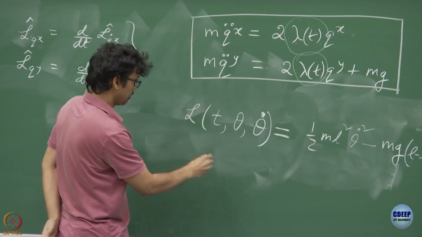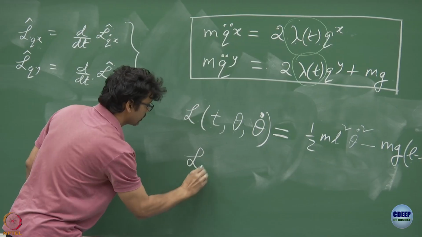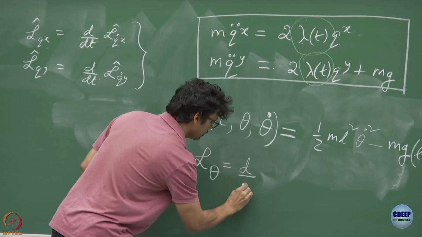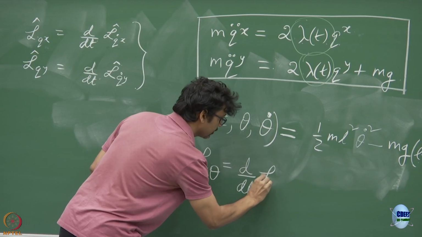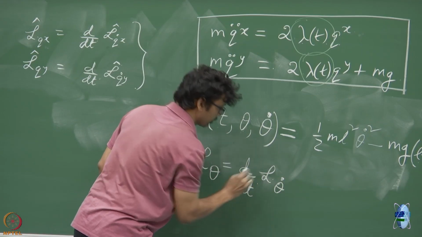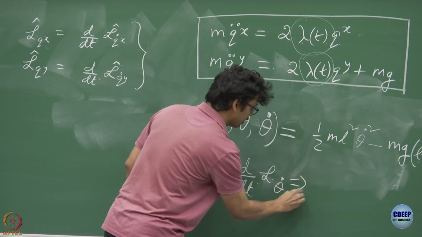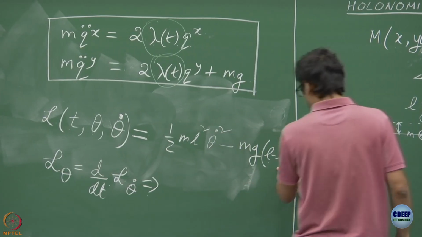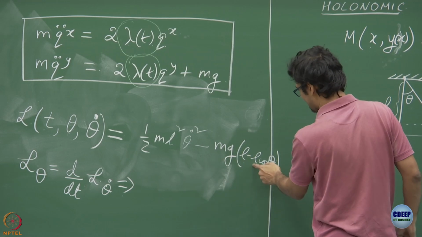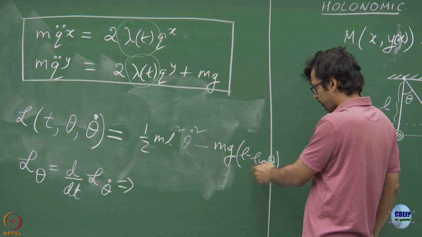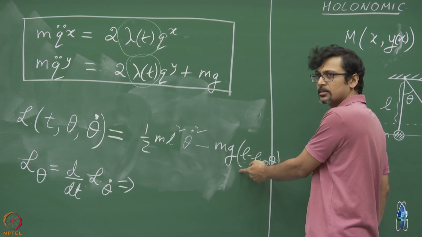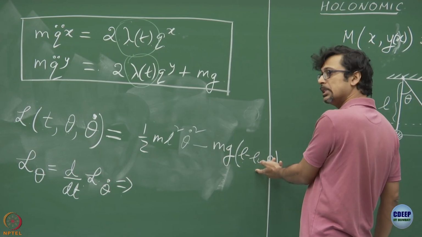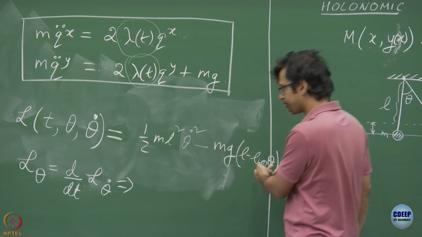Now then, let's apply the Euler-Lagrange equation on this. So dL by d theta is going to be equal to d dt of dL by d theta dot, which leads us to what? This is plus mgl cos theta. Of course, the mgl term is irrelevant, it's again a constant. So mgl cos theta, the differentiation will be minus mgl sin theta.